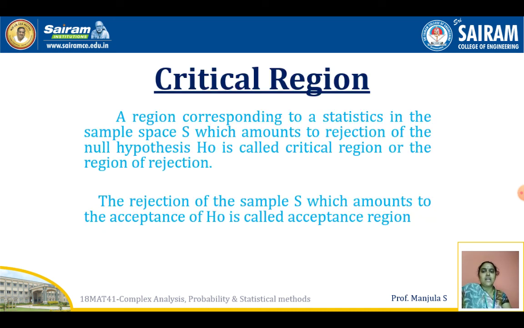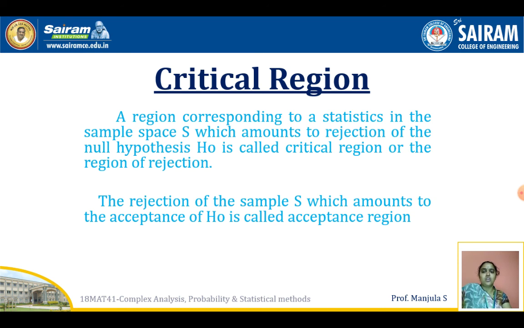Now we'll see the last one, critical region. What is meant by critical region? A region corresponding to a statistic in the sample space which amounts to rejection of the null hypothesis H0 is called the critical region or the region of rejection.